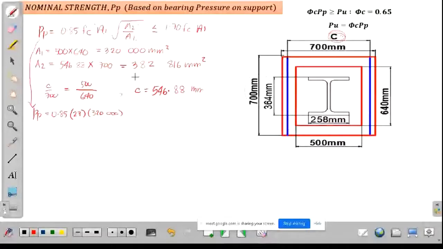The square root of area 2 over area 1. So, ilan ito? This is mm squared, this is mm squared. Magkakancel yan. So, ang matitirang unit natin is Newton.